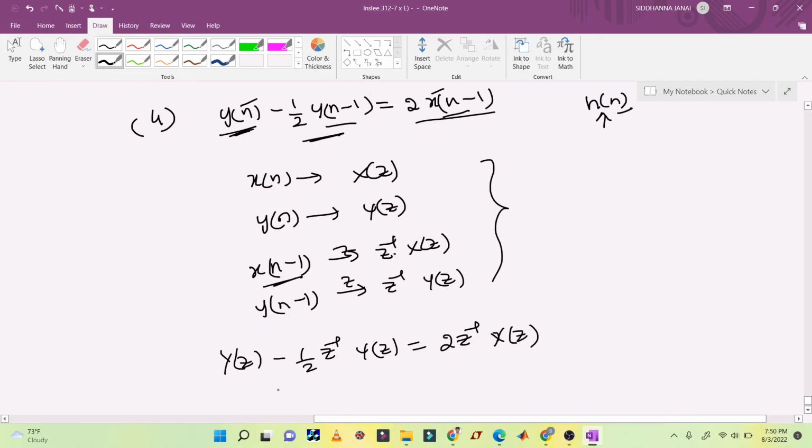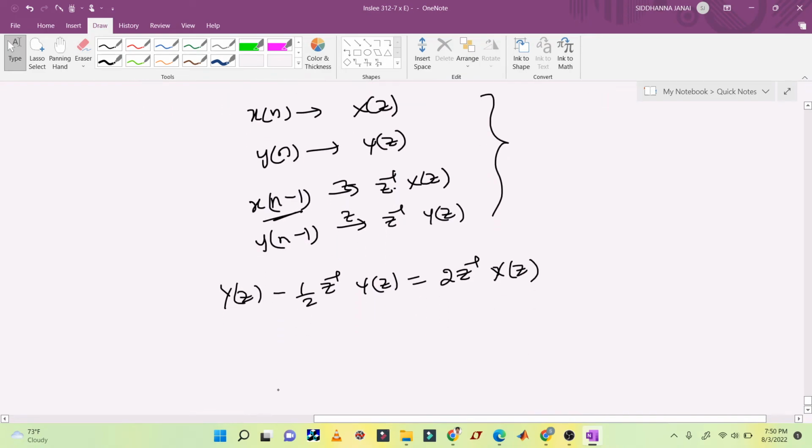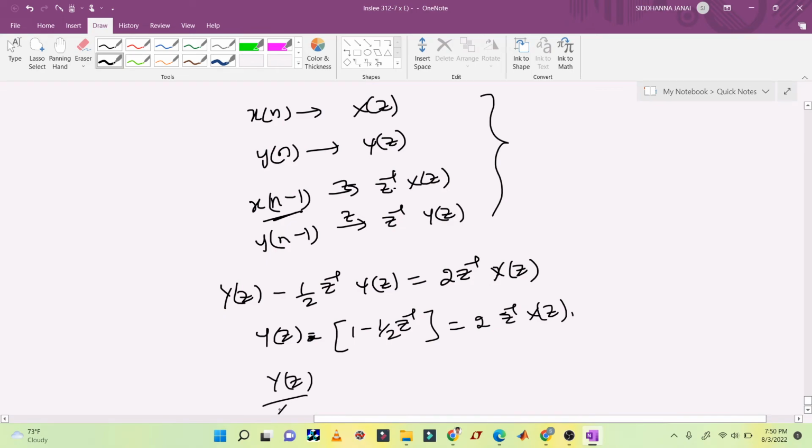Okay, so now I have to take y of z as common. Y of z is common, 1 minus 1 by 2 z inverse, and this is 2 z inverse x of z. Now I will take y of z divided by x of z, which is equal to 2z inverse divided by 1 minus 1 by 2z inverse.